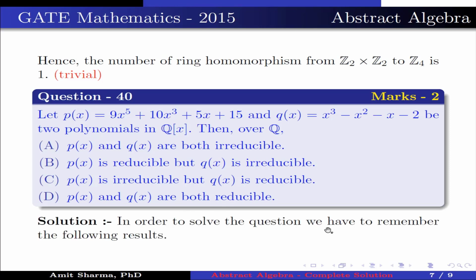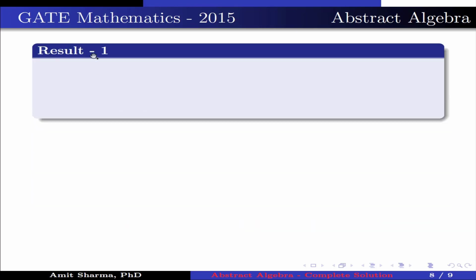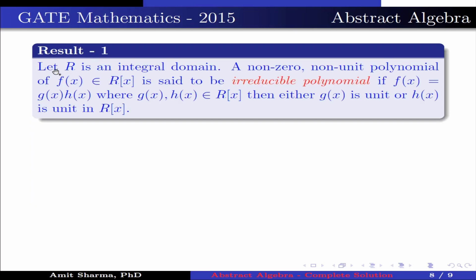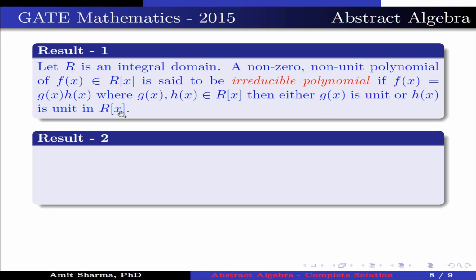In order to solve the question, we have to remember the following results. Result number 1. Let R be an integral domain. A non-zero, non-unit polynomial f(x) belongs to R[x] is said to be an irreducible polynomial if f(x) is equal to g(x) into h(x), where g(x) and h(x) belong to R[x], then either g(x) is a unit or h(x) is a unit in R[x].